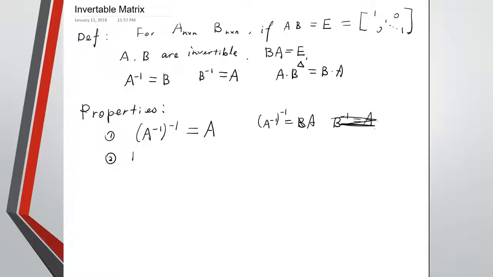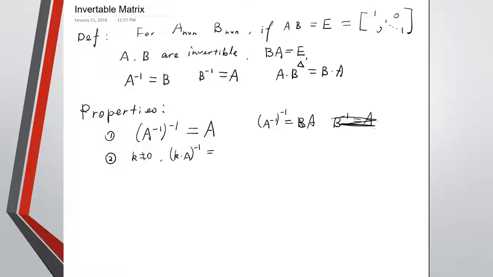So the next property of the matrix is this: if K, as a constant, is a non-zero constant, then we have the inverse of K times A, which will become... well, in this case, some students may get very confused. So let's get back to the definition of the invertible matrix. We say A and B's multiplication equals the E matrix.